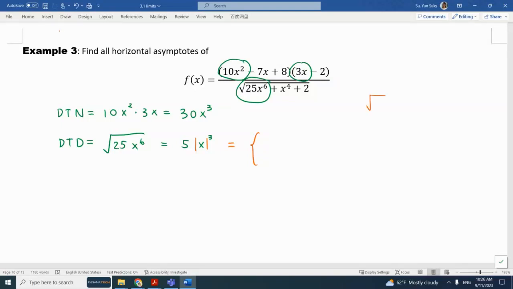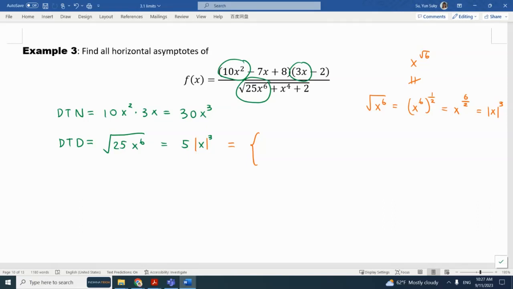No. The square root of x to the 6 is x to the 6 to the 1/2. And then it's x to the 6 over 2. Then that equals x cubed. But you actually need an absolute value of it. So it's not square root of 6. It's to the 1/2.